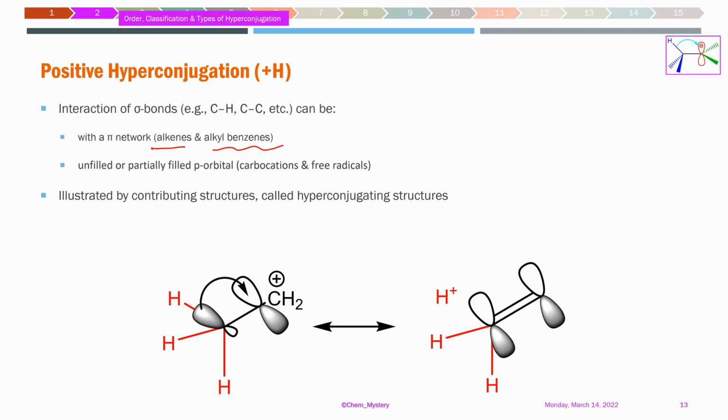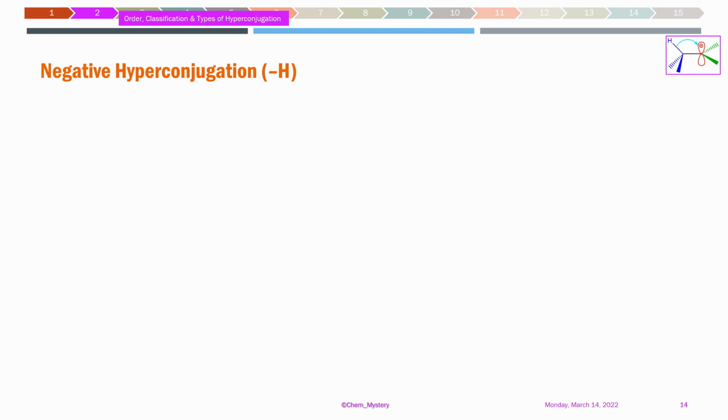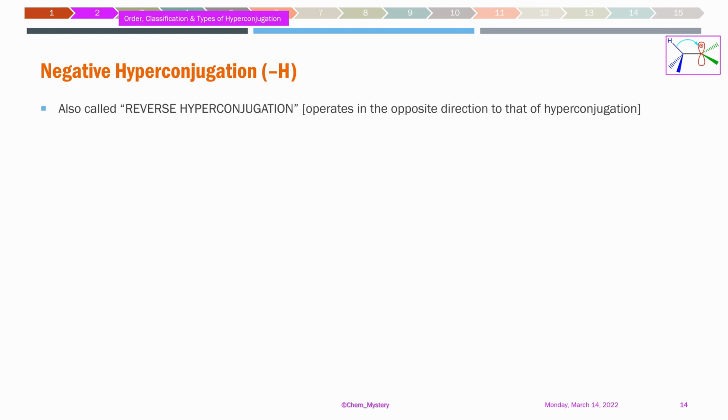We also sometimes call this reverse hyperconjugation, because this is going to be operating in the reverse direction to what was there in the usual case of conjugation. And this, we'll say, will be excited by the sigma bonded electrons of the alpha haloalkyl group.